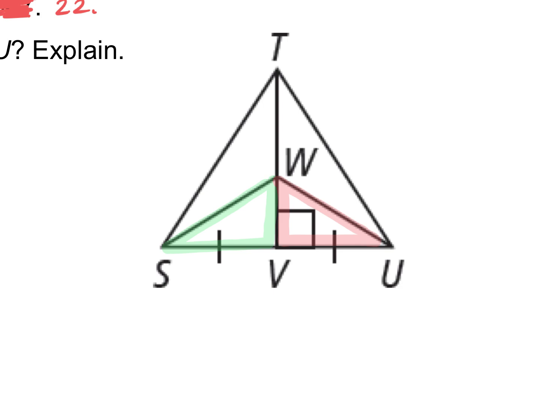So we'll go ahead and mark that right angle. And our two triangles share a side right here. So anytime you have a shared side, that's another congruency that's unmarked you get to put in your picture. I'm going to give it 2 congruency marks.